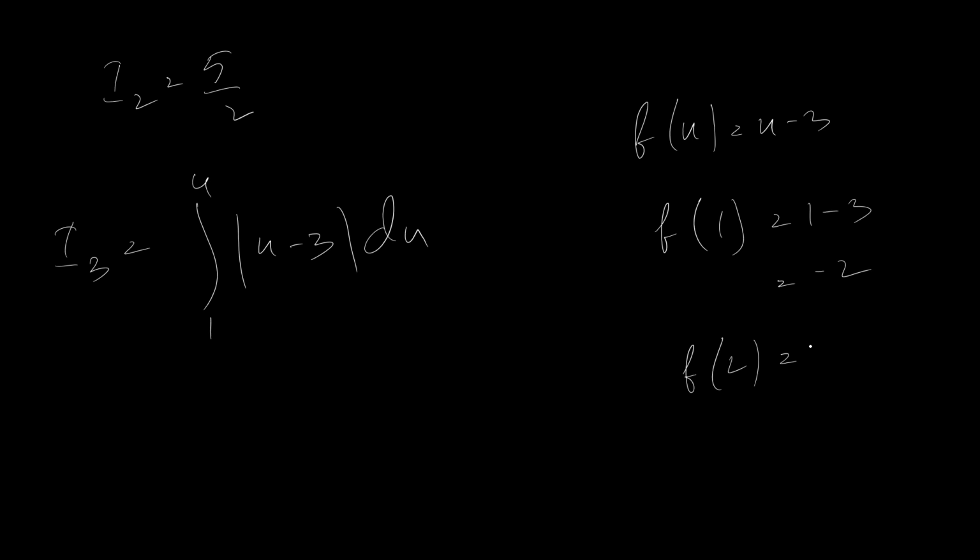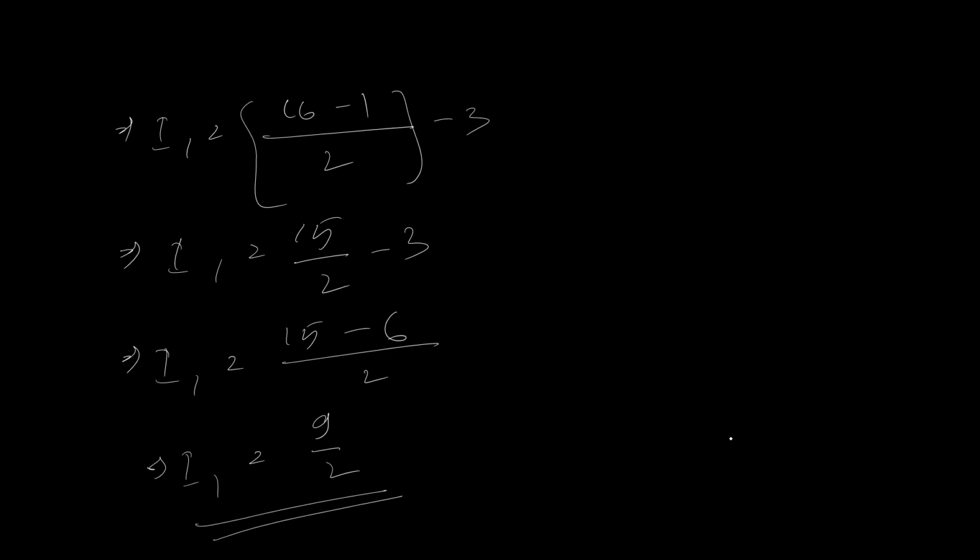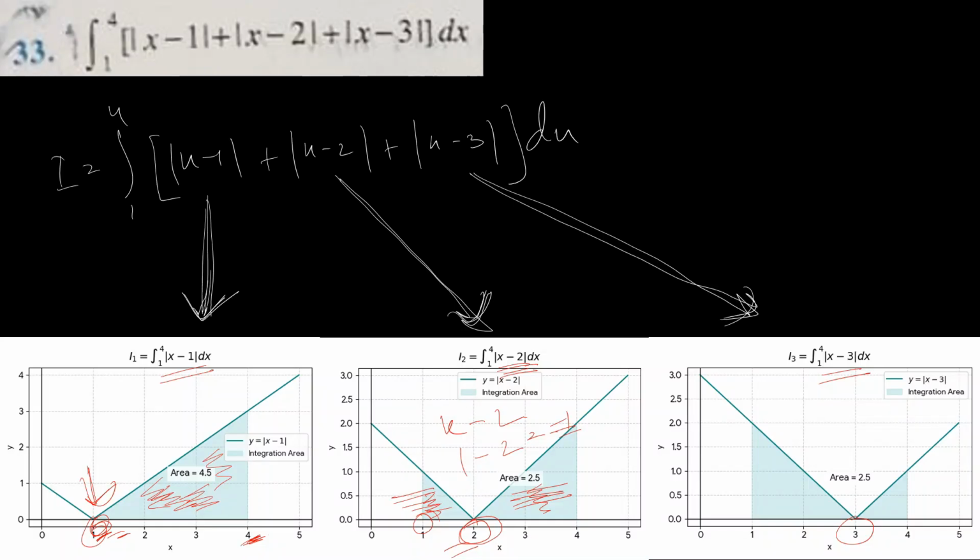If I take 2 minus 3, minus 1, negative value. If I take 3, I will get 3 minus 3 equal to 0, and if I take 4, this will be 4 minus 3, which is 1, a positive value. So here I am getting negative values also and positive values also. Therefore you can see here the graph is on the negative side and it is also on the positive side.